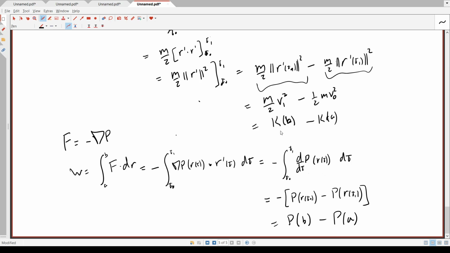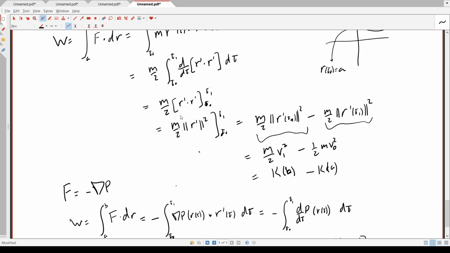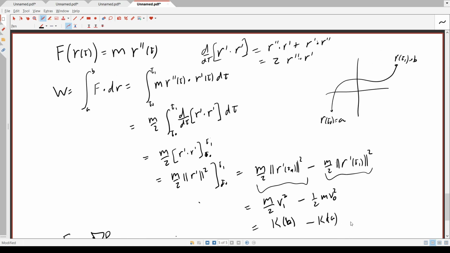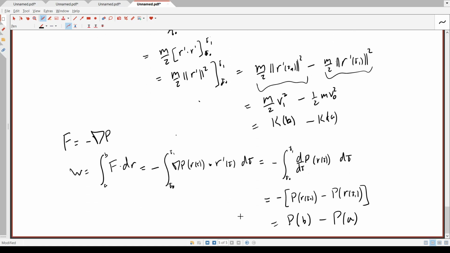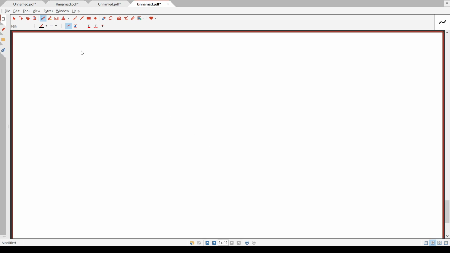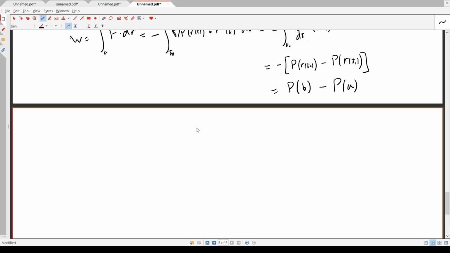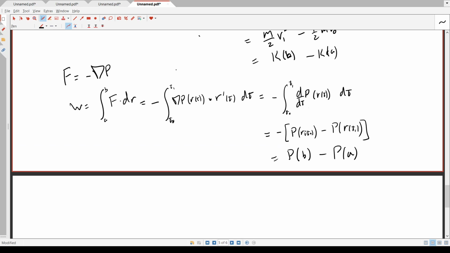So work is equal to this, and work is also equal to this. That means they must be equal to each other. Wait, did I do that negative sign right? I think I messed up the negative sign.